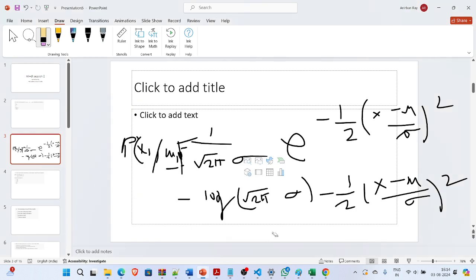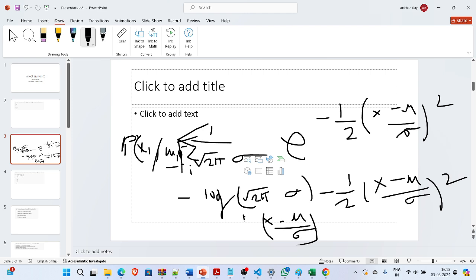So if you differentiate with respect to mu, this one is already 0, and just the summation will be there, otherwise it's not possible, over all the data samples. So differentiating, what you get is x minus mu by sigma, and 1 by sigma is also there, right? And the summation over that equals 0.